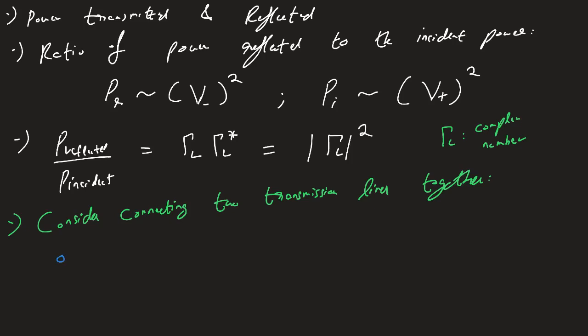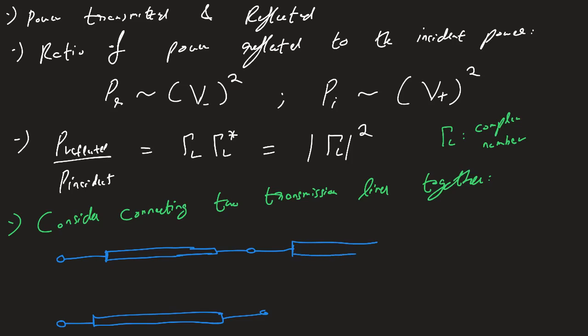So consider this to be our first transmission line, and this is the second conductor of our first transmission line, and this is our second transmission line. Excuse my drawing.